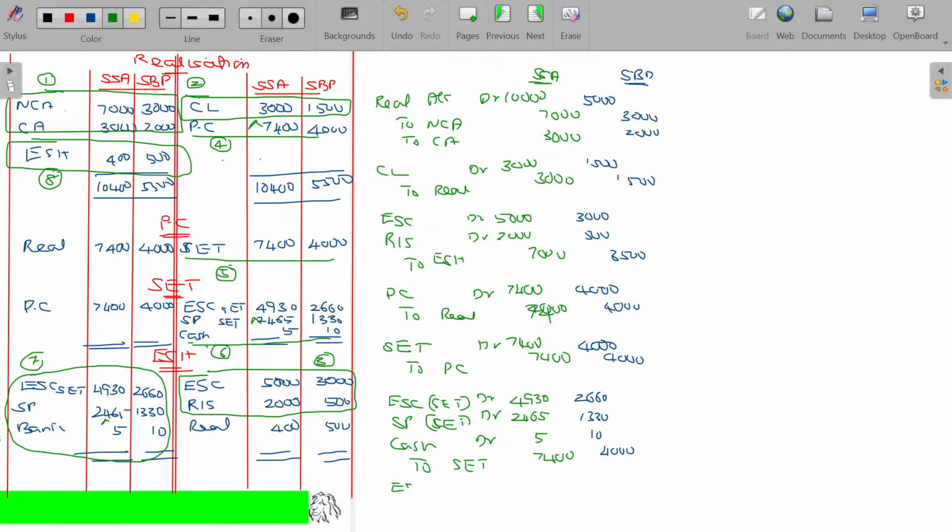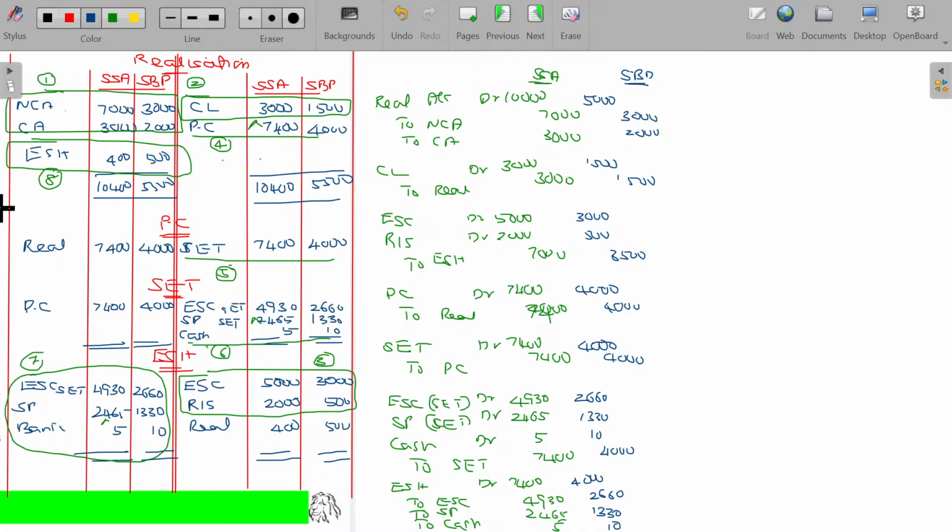So equity shareholders account debit to equity share capital, to securities premium, to cash: 7,400, 4,930, 2,465, 5. Here 4,000, 2,660, 1,330 and 10.